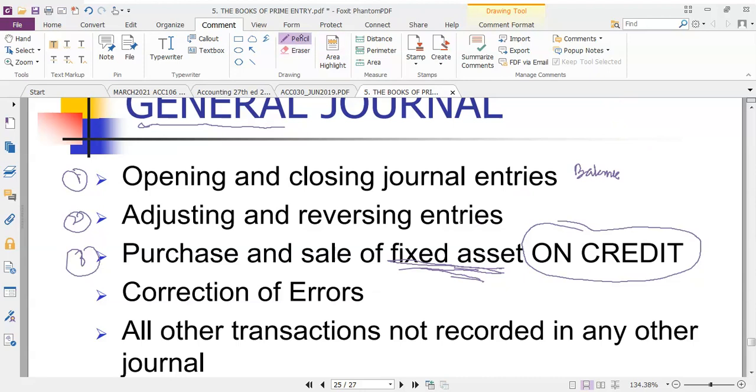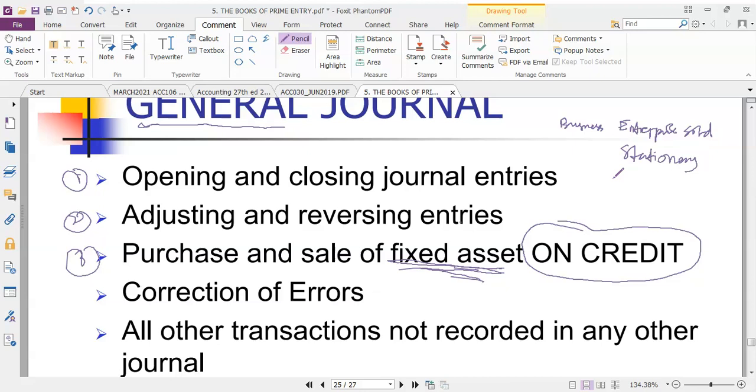Ni macam mana? Jom kita tengok saya terangkan sikit kat sini. Okay, for example, you open a business enterprise that sold stationery.